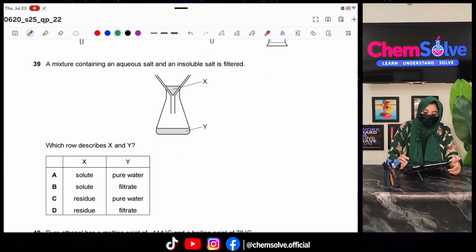Now come towards question number 39. A mixture containing an aqueous salt and an insoluble salt is filtered. Okay. So what would be the X and what would be the Y?